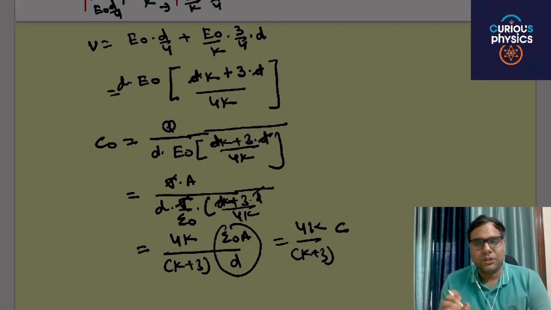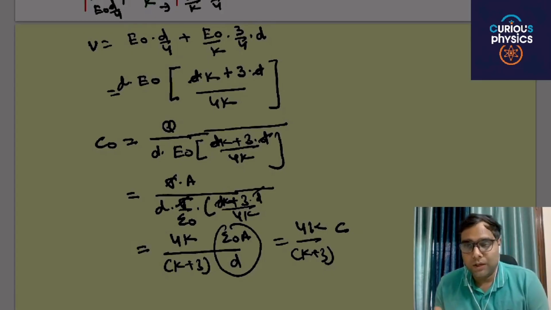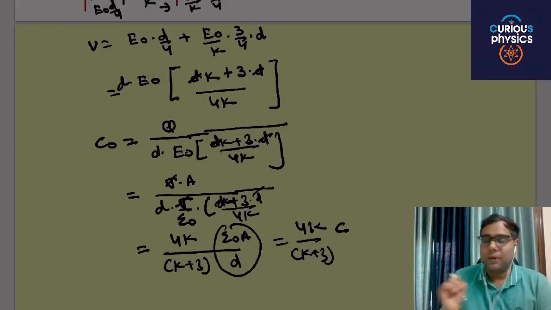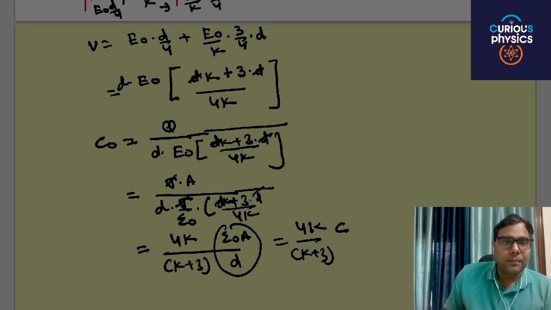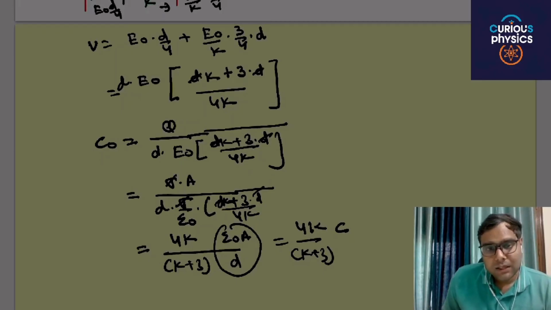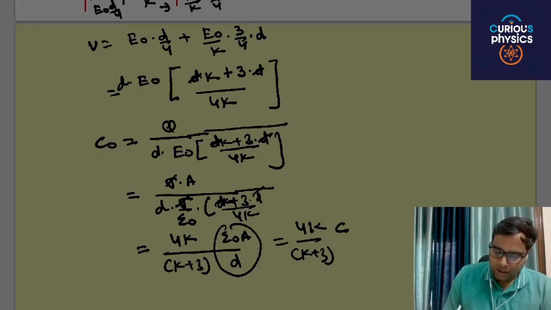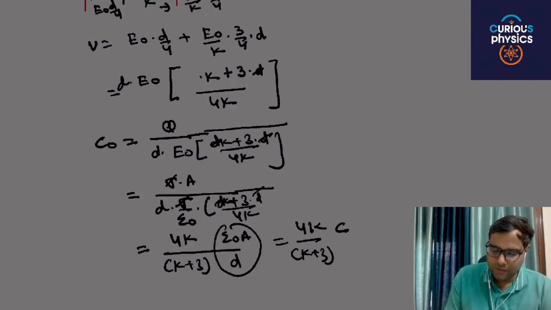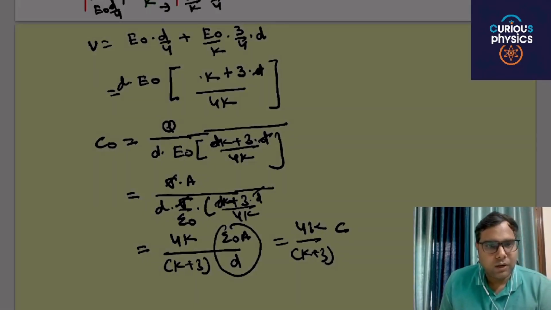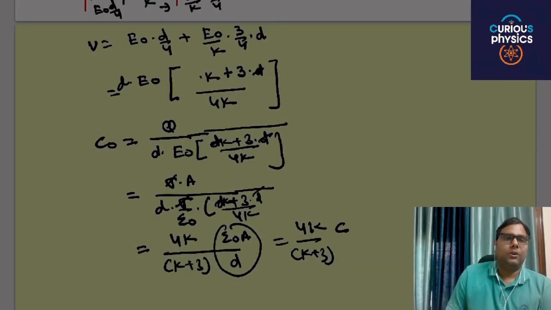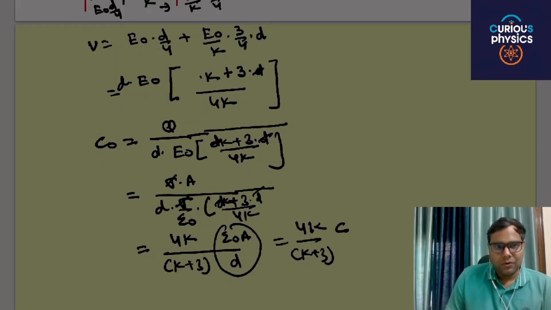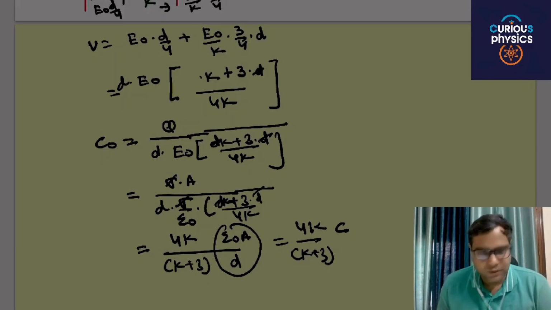Simply, this question tries to make you understand that the capacity of the system is increased by a factor of 4K divided by K plus 3. We have already taken D out, so that's why I have removed this D from here. I hope I am able to make you understand my point. This is pure calculation; you can easily solve this.